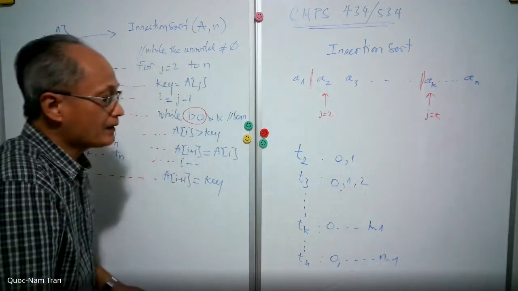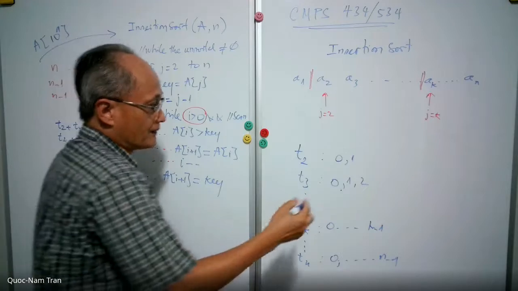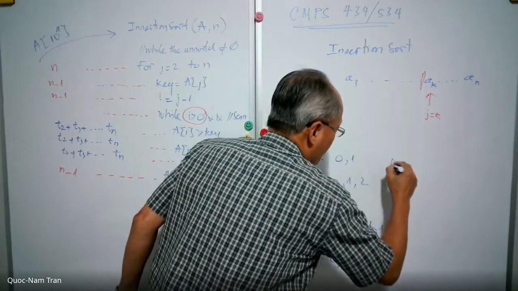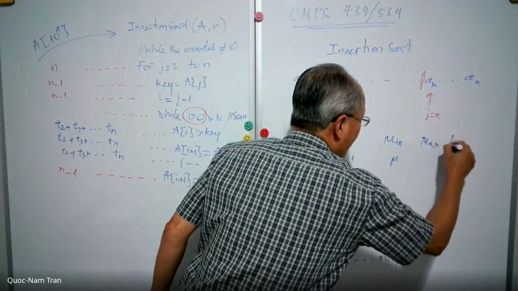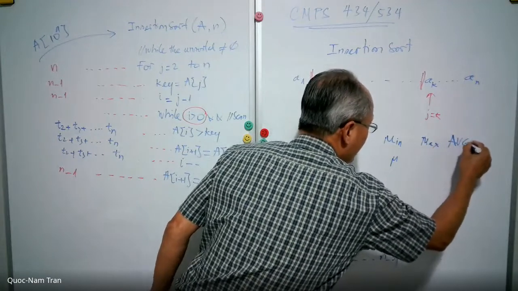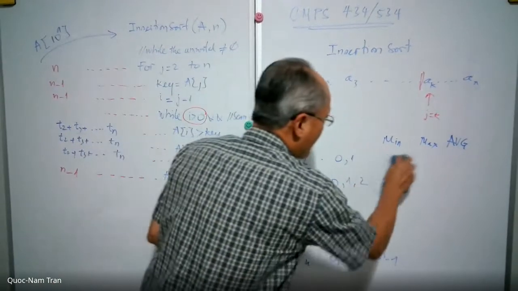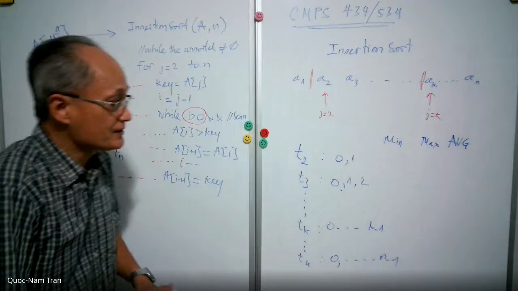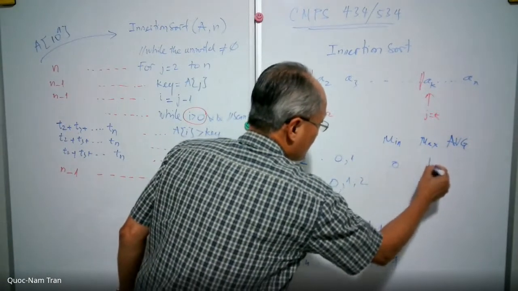So we know the minimum value, the maximum value, and the average. Those are the values we can know. Here the minimum is 0, the max is 1.